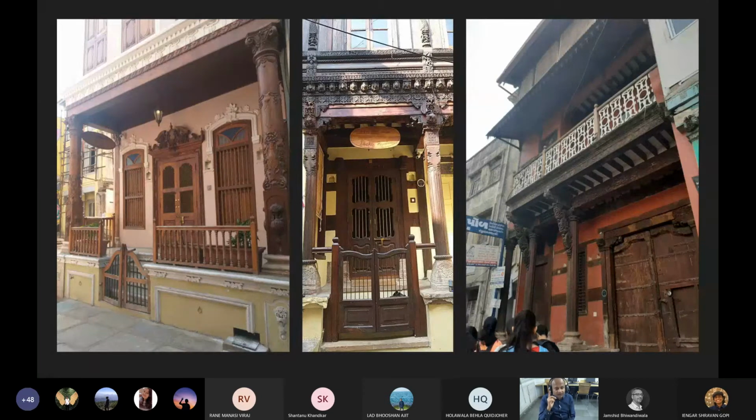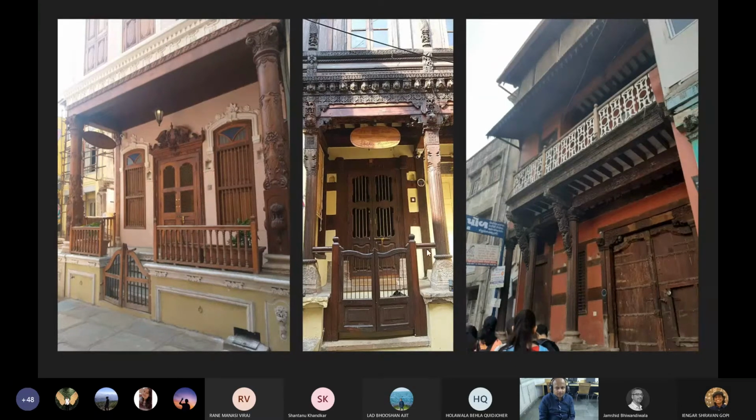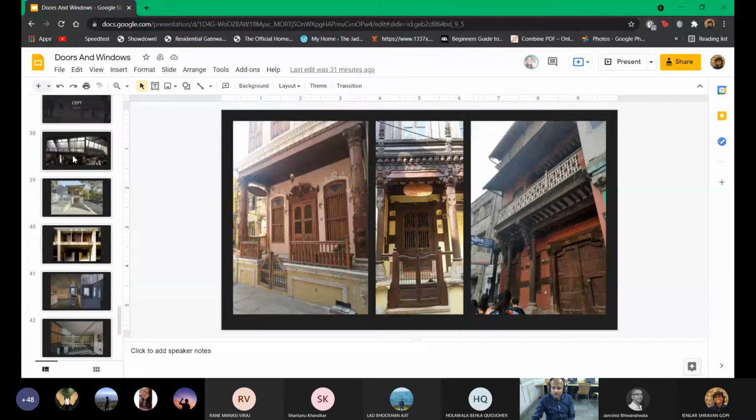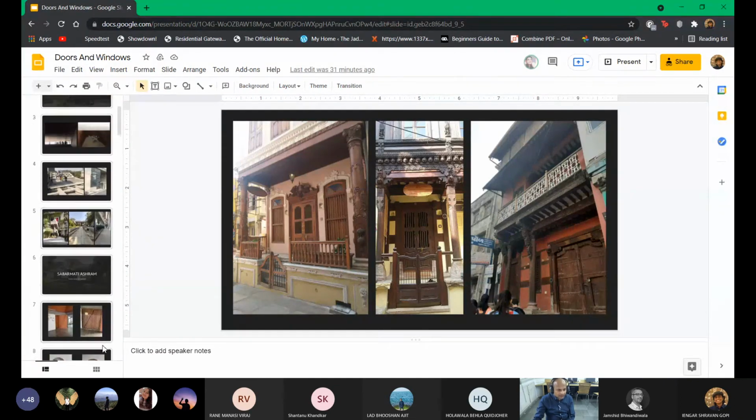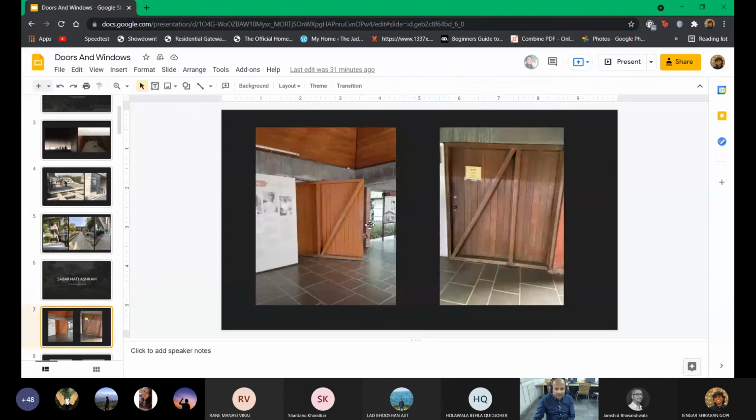But if you want to design a door or a window, Shravan, can you go back to Charles Correa's door in Sabarmati Ashram? Put it full screen, please.